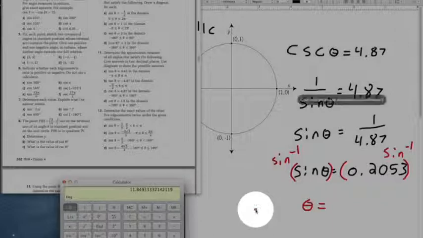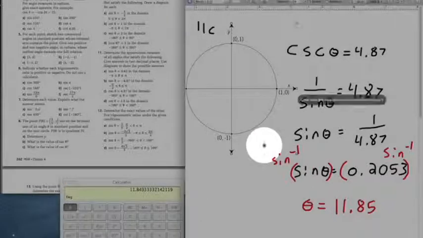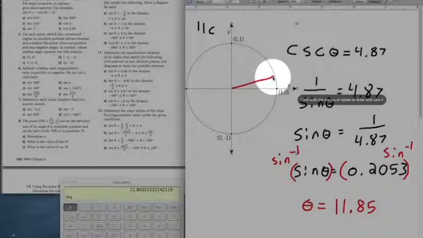So now I'll go back to my pen here. So theta is 11.85. What this means in terms of the question is whatever this angle is, this piece here, okay?